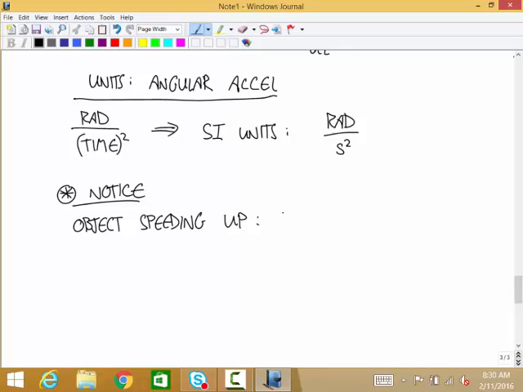Yep. If the object's speeding up, the angular velocity and the angular acceleration have the same sign. And if the object's slowing down, they have opposite signs.